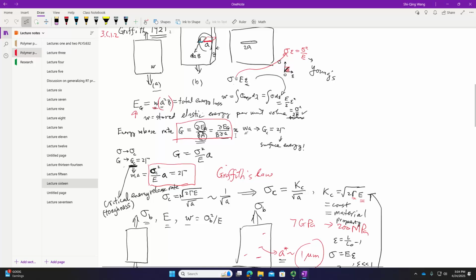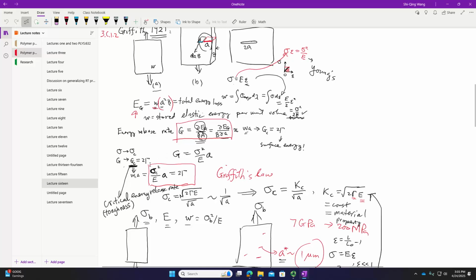And because this increases with the load, you can keep loading up, so the energy release rate will keep growing until you have enough to pay for the energy required to have a new surface.